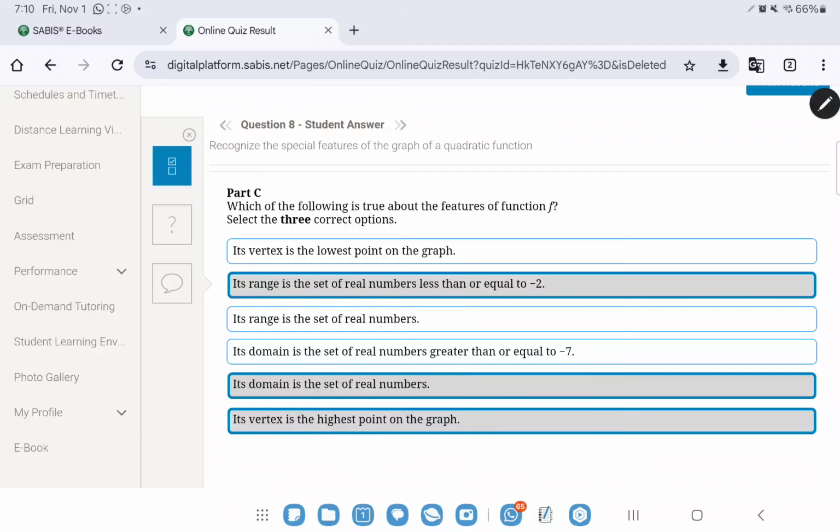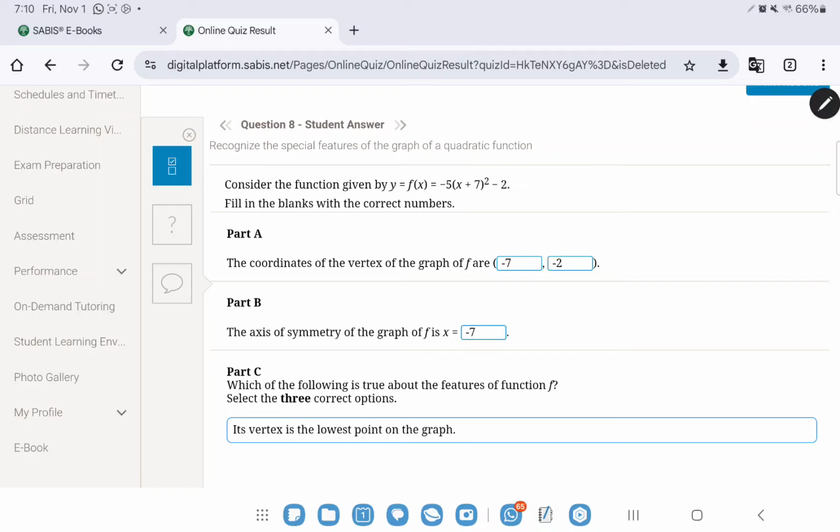The range is the set of real numbers less than or equal to -2. Your range is this. If it's opening upwards, all numbers are greater than or equal to -2. So it's greater than or equal whenever you see it opening upwards.